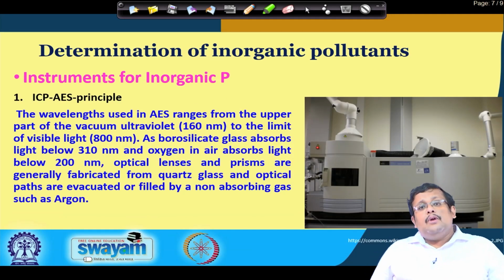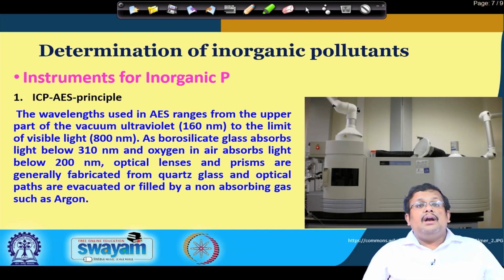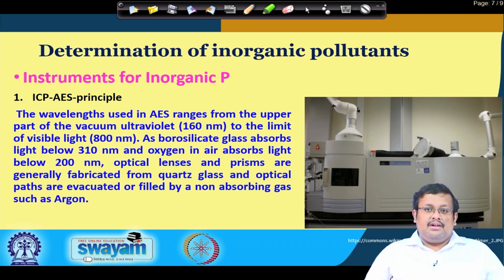Now, the wavelengths used in atomic emission spectrometry or ICP-AES range from the upper part of the vacuum ultraviolet, that is 160 nanometer, to the limit of visible light, which is around 800 nanometer in the total electromagnetic spectrum.